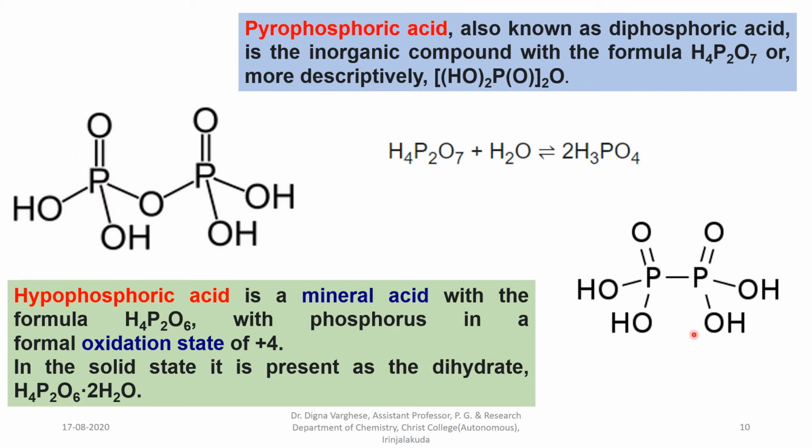Here, there is no extra oxygen atom and phosphorus is in the +4 oxidation state. In the solid state, this acid exists as a dihydrate, that is H4P2O6·2H2O. Here the basicity of hypophosphoric acid is the same as that of pyrophosphoric acid, that is 4. So it contains 4 ionizable hydrogen atoms and acts as a tetrabasic acid.